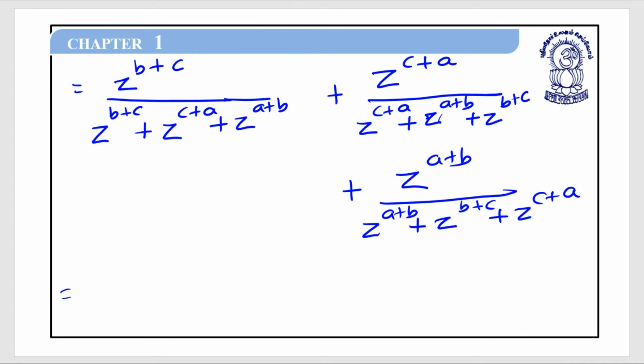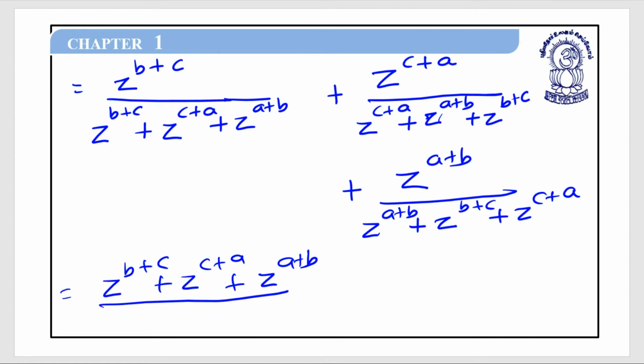So you can write, the LCM is the same, z raised to b plus c plus z raised to c plus a plus z raised to a plus b upon z raised to a plus b plus z raised to b plus c plus z raised to c plus a.